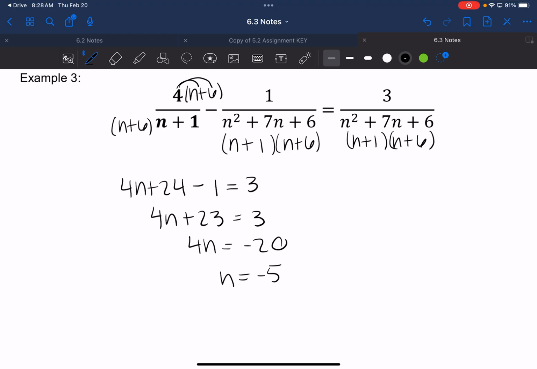So we're going to check in the bottom of these fractions, guys, what would I not want to plug into this parenthesis? Right, and what would I not want to plug into this one? All right, so our extraneous would be n cannot equal -6 or -1. Again, lucky for us, that did not interfere with the solution we came up with, so our solution is good.